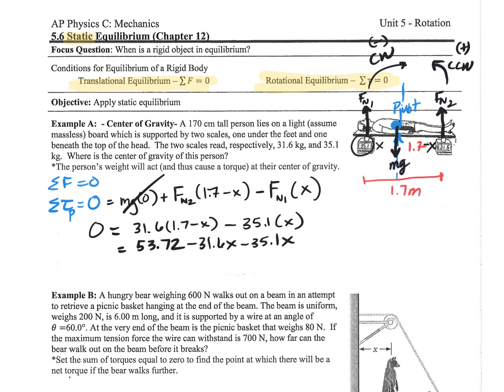Okay. 31.6 plus 35.1 is 66.7. Bring it to the other side. We get 66.7x equals 53.72. Divide. And we get, I get 0.81 meters, right?